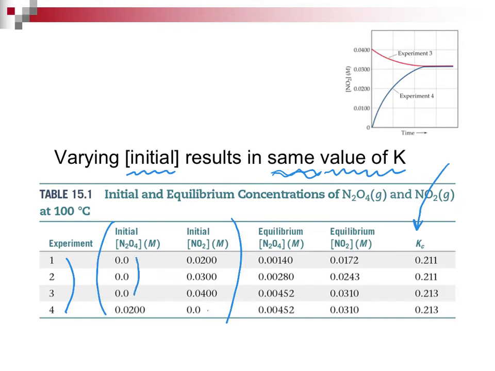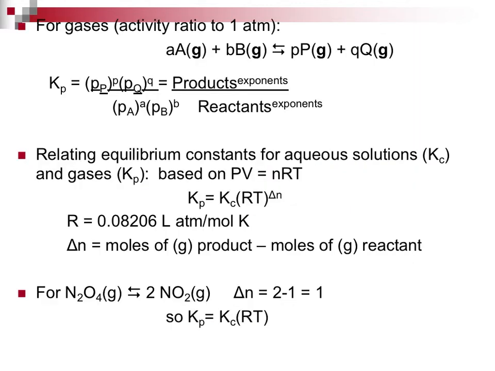For the other case, they made it 0 here. But in the long run, when they did the measurement and took all the numbers for equilibrium, they had the same value. Will it be identical? No, it'll be in the same ballpark because there's experimental error. But we'll teach in the next sections about how to find an equilibrium concentration. The thing to take home here is I can change all the concentrations, but I'm going to get the exact same value of K.